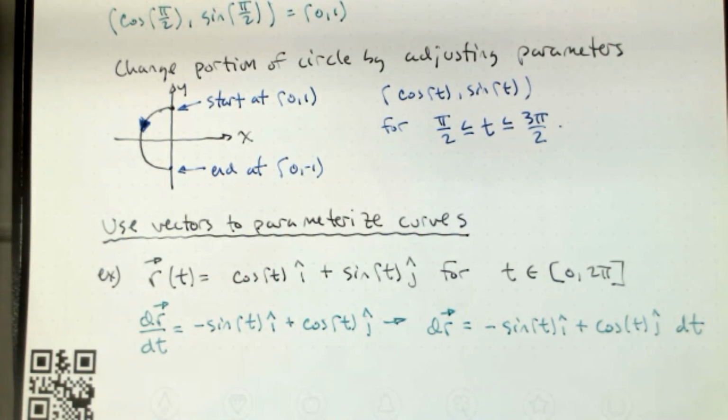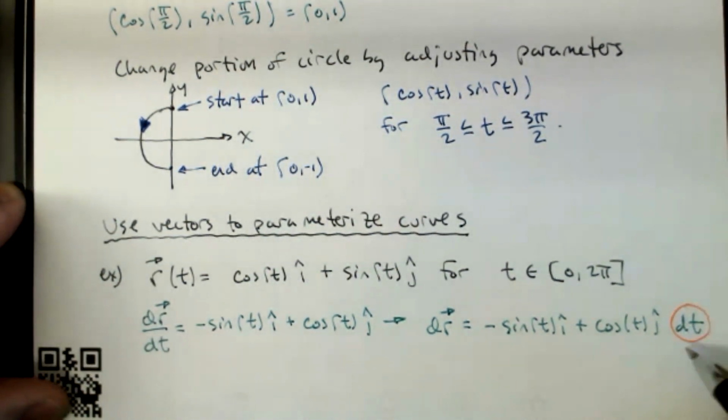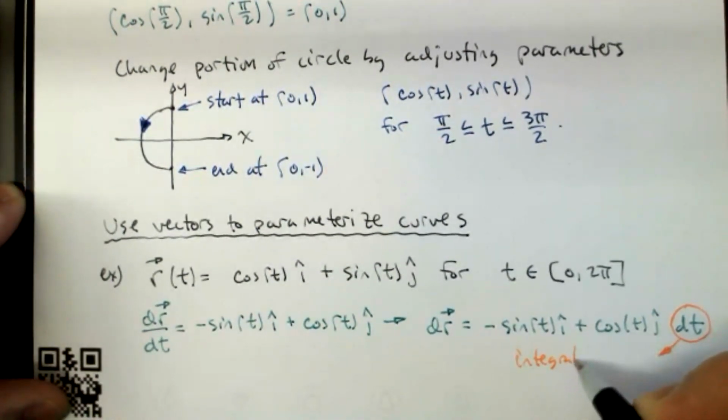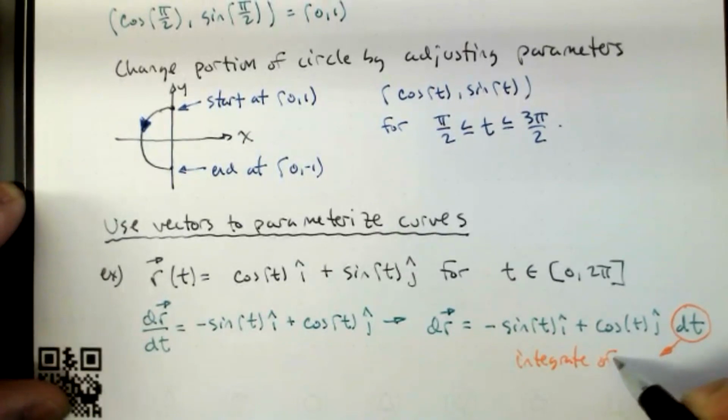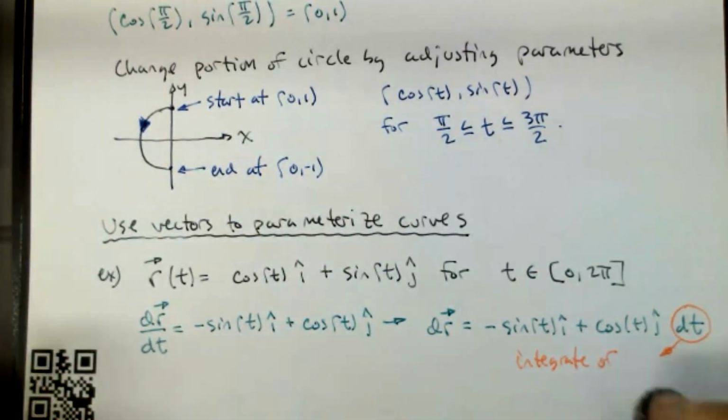Once I write the expression for dr, we can see that our line integral is going to become an integral of a function of t dt. So we're going to be integrating over a bunch of t values.